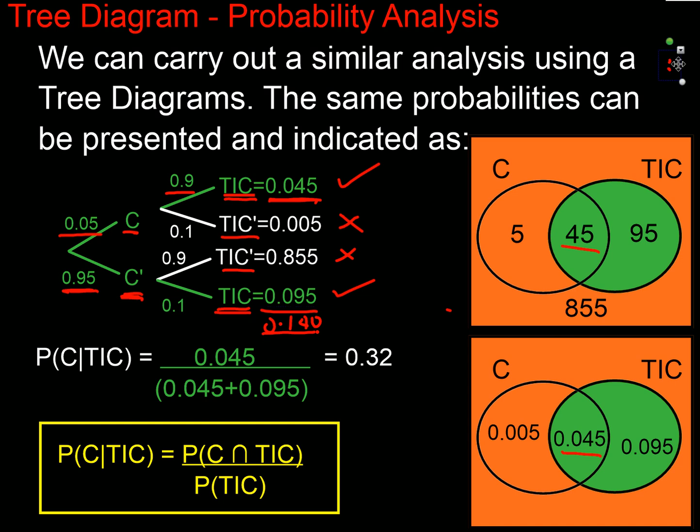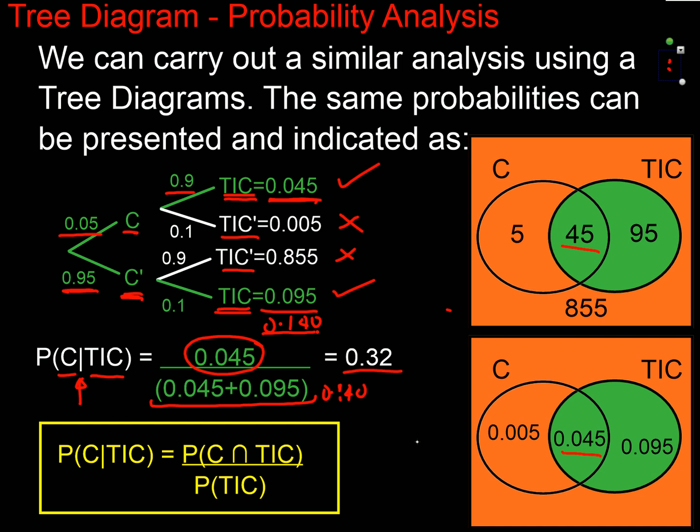Now, if we want to calculate the probability that you have cancer, given that the test indicates you have cancer, well, it's the correct group. There's our probability of 0.045, our 45 women, divided by the probability that you meet the condition. That's our 0.045 plus our 0.095. There's our 0.14 we talked about, our total 140 women. And again, there's our result, a probability of 0.32.